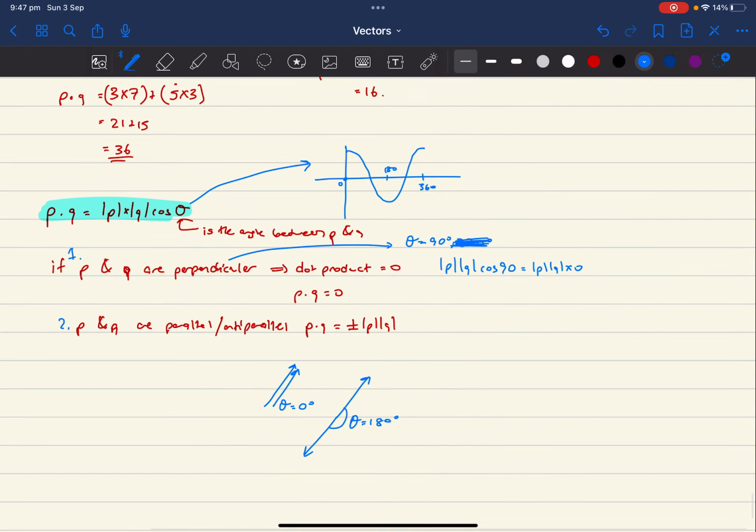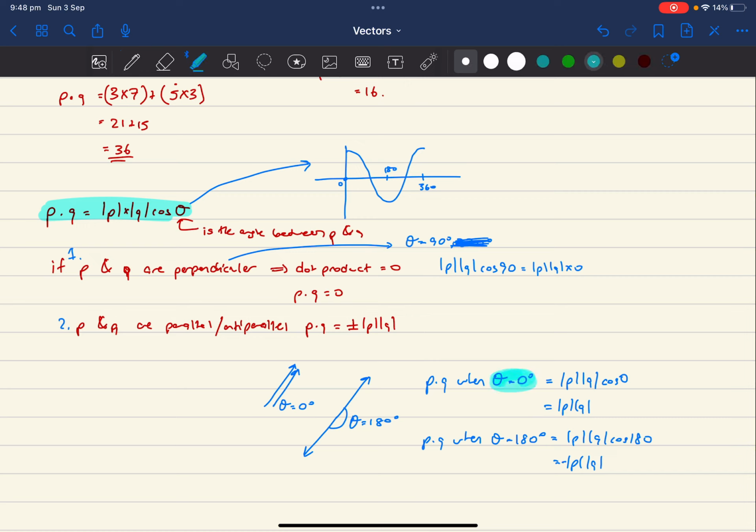So you can roughly see that P dot Q, when theta equals 0, just equals the length of P times the length of Q. P dot Q, when theta equals 180 degrees, is P Q cos 180, and I know cos 180 is -1.